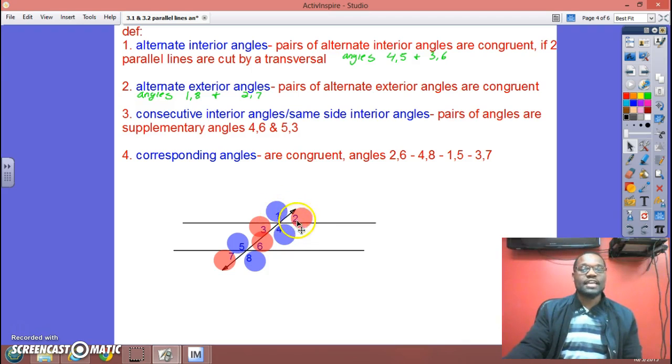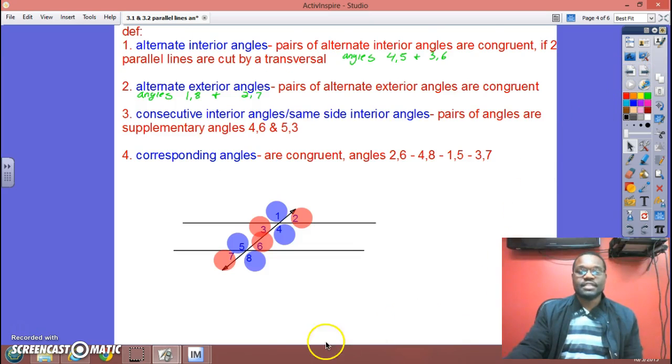Because those two add up to be 180. How do I know that? Because they make a straight line and they're a linear pair. So if this one is 150 and this one is 30, that means this one is 30, this one is 30, and this one is 30. There's only two numbers in the whole thing. Once you find one, guys, you ought to be able to find every single one of these based on this diagram here. All right.